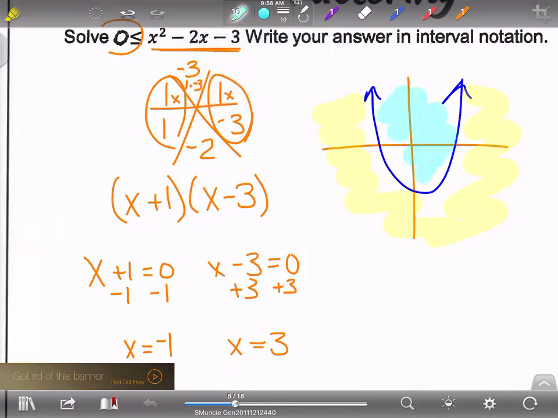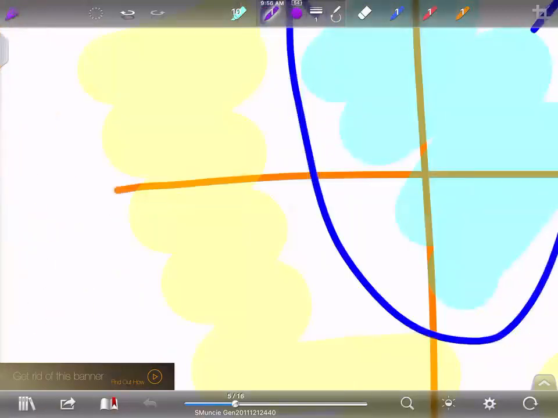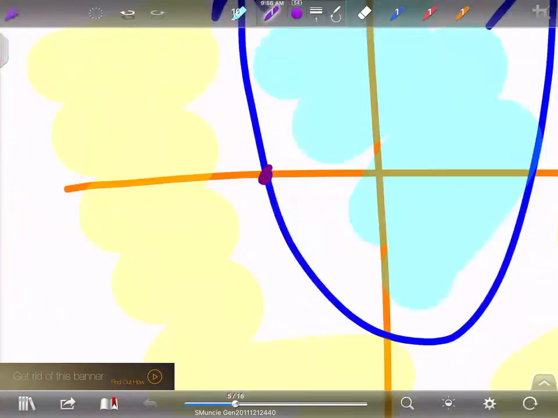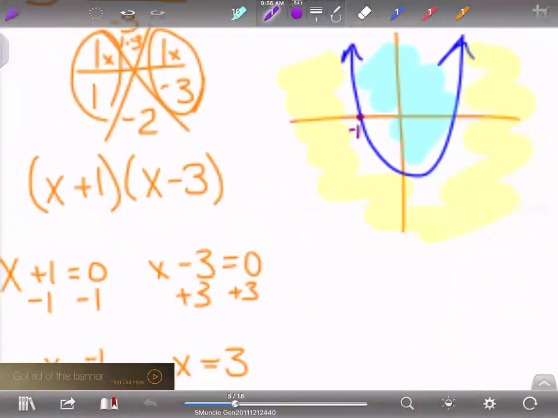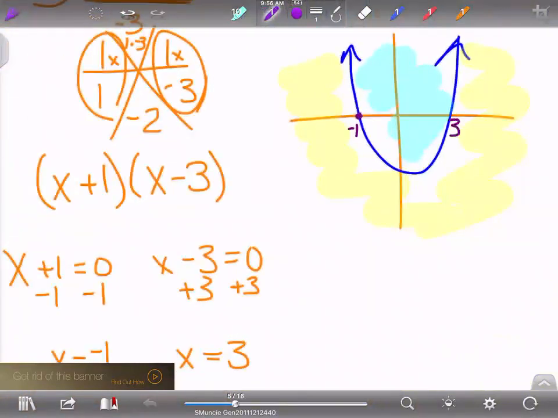So we have to figure out which region is going to make the original inequality true. To do that, we only care about these two numbers right here, because those are the two solutions. So pretend this is -1 and this is +3. We need to check a value from each region to see whether or not the original inequality is true or false.